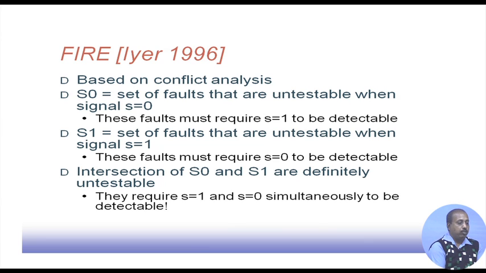It is based on conflict analysis. Let us say S0 is the set of faults that are untestable when signal line S is equal to 0. These faults require S equal to 1 to be detectable. When S is equal to 0, we need to detect the faults, but they will require a 1, because we are trying to check for 0. So we must get a 1 at this line.